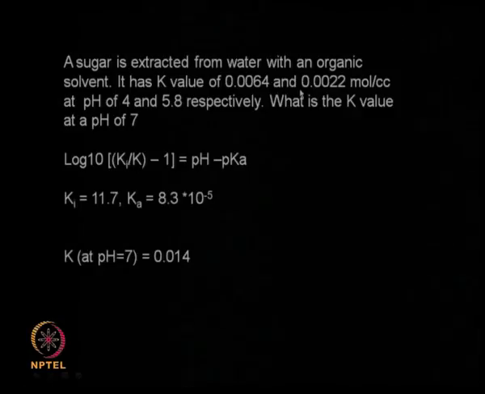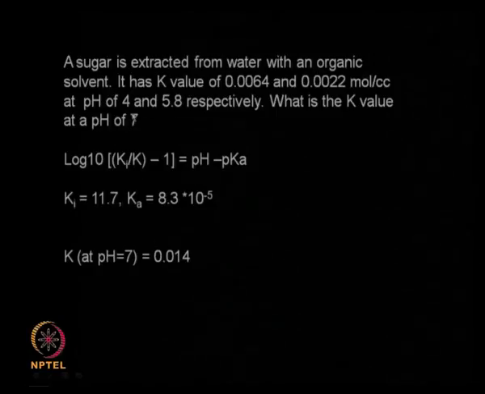You see the K values change, K values are changed because of the pH effect, because of the dissociation of the weak acid. Now I would like to calculate the K value at a pH of 7.